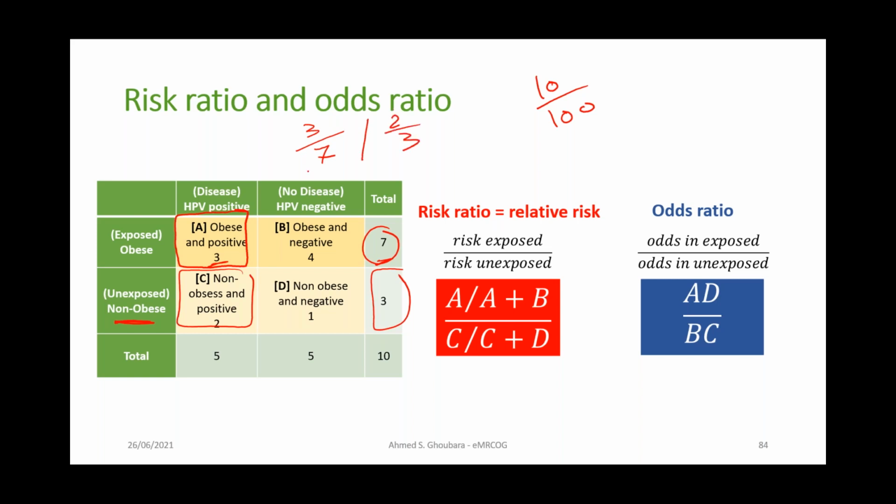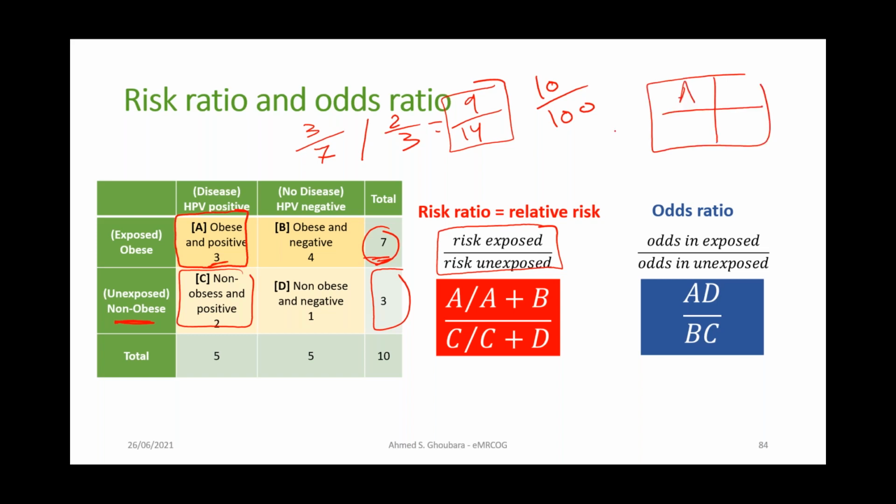So 2 by 3 equals, so this is the risk ratio. Risk of exposed divided by risk of unexposed. So A divided by A plus B, which is this one. You need to remember those cells.